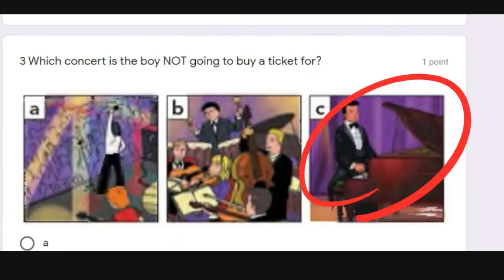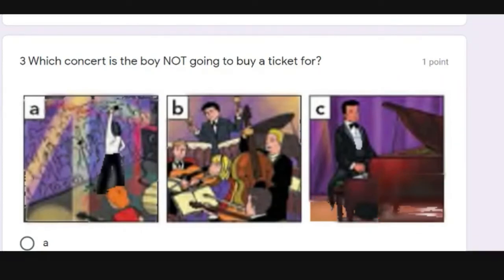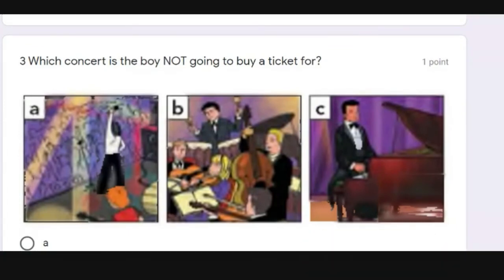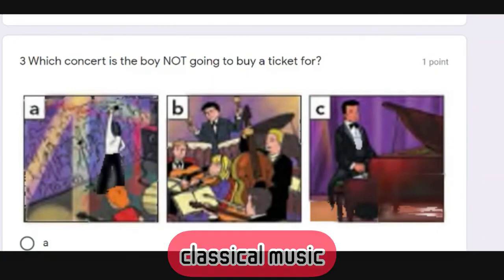What about C? In C, you see only one person playing piano here. What's the name of this kind of concert? This is called piano solo or piano recital. Out of A, B, and C, which 2 are most probably playing classical music?